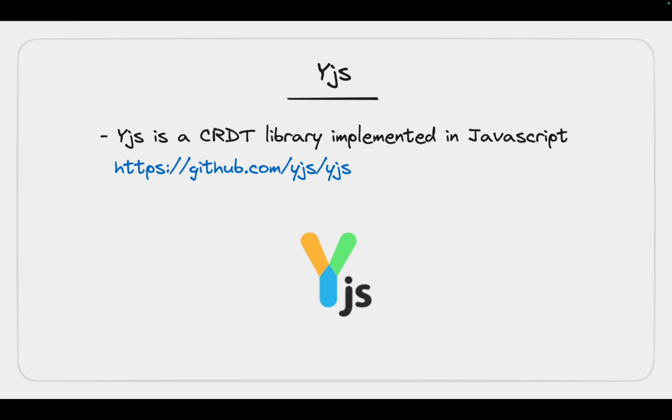YJS is a CRDT library implemented in JavaScript. I decided to go with this library for two reasons. The first reason is that YJS is one of the most used CRDT libraries in JavaScript. And the second reason is that you can run YJS on both the client side and server side.